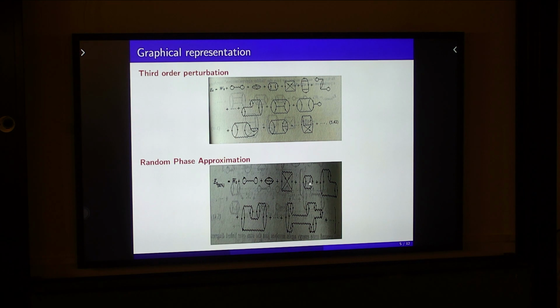You can consider that as a kind of bubble where you interpret one line as a particle and one as a hole. So you have a particle-hole bubble interacting with other particle-hole bubbles, so you have interaction only of bubbles. What that means, we come back to later. But what they did was sum up this specific class of diagrams.